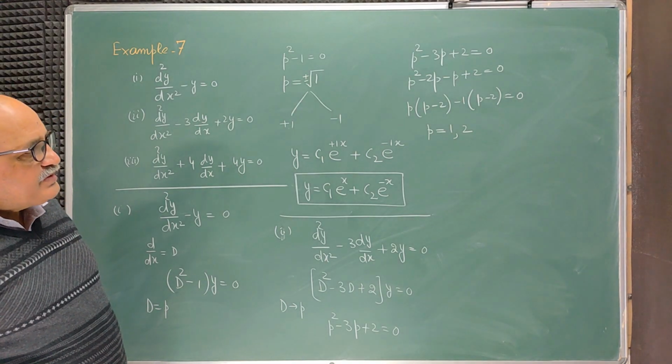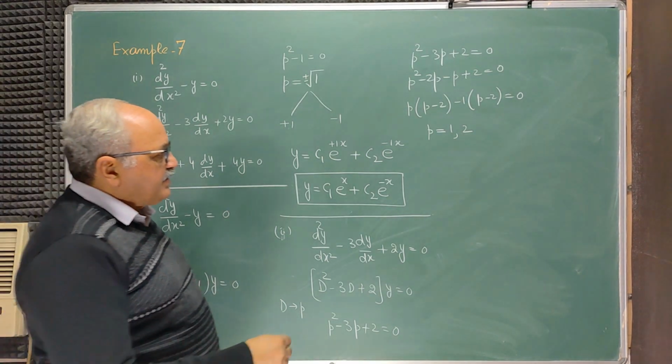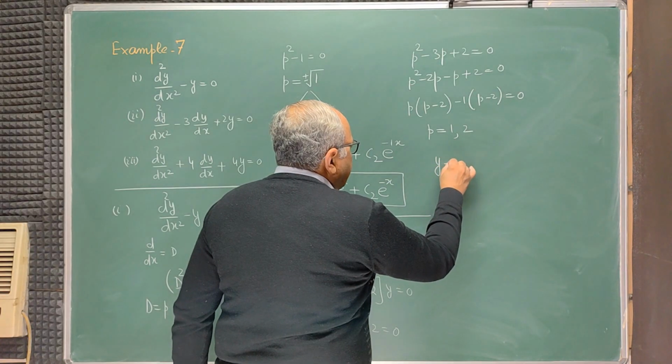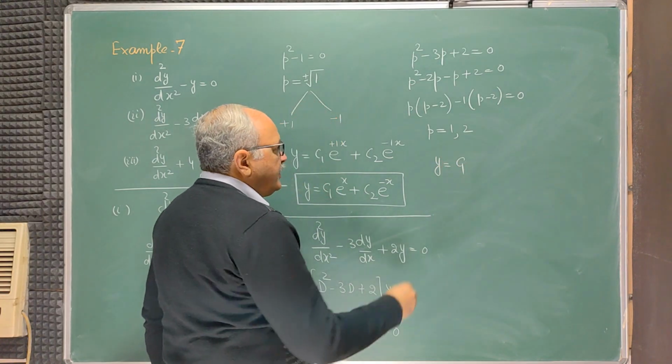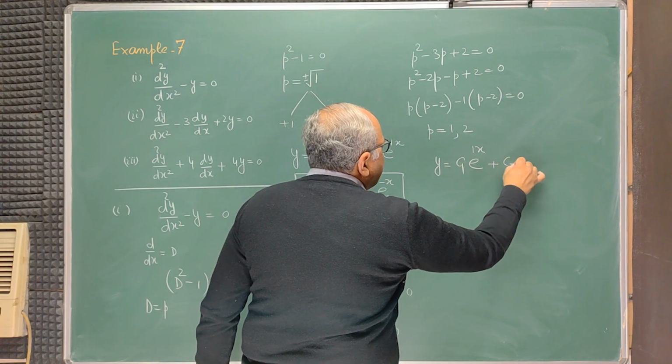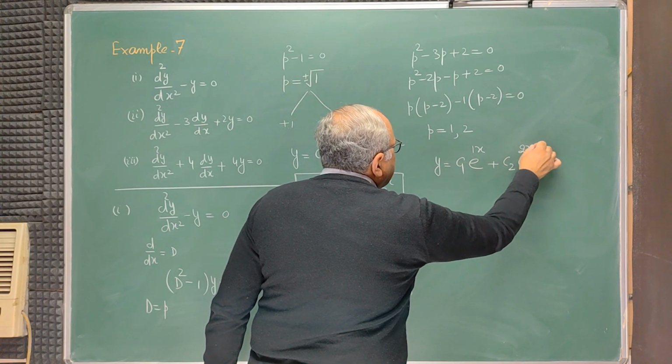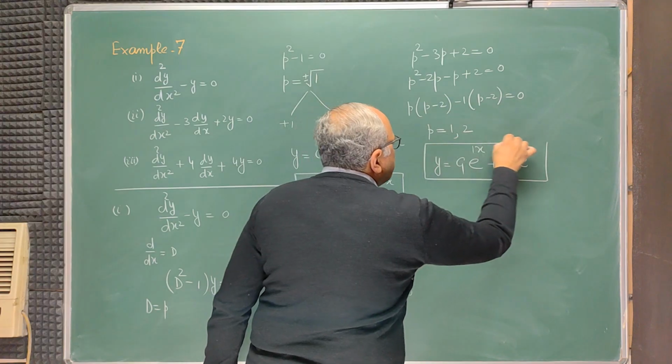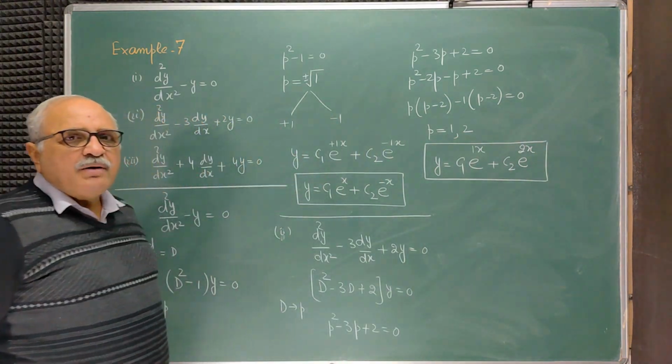So we can write the final answer for our differential equation as y equals C1 e to the power 1x plus C2 e to the power 2x. This is the solution for the second equation.